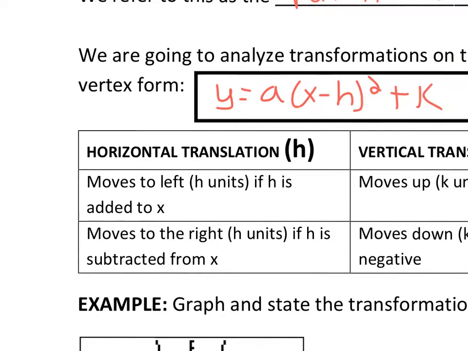You have to do the opposite sign, just like when you found the vertex, it's the opposite of h, comma k. So if this is a minus 4, then it would move 4 units right, not left. Right is in the positive direction, left is in the negative direction, but you have to change the sign. So if h is subtracted, then you move to the right. If h is added, you move to the left.